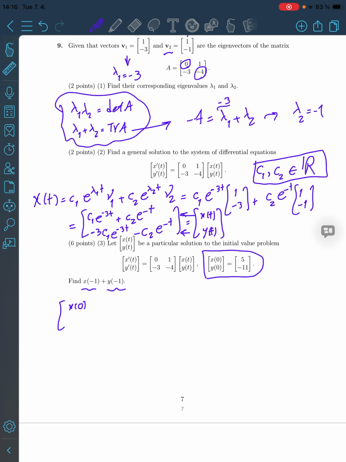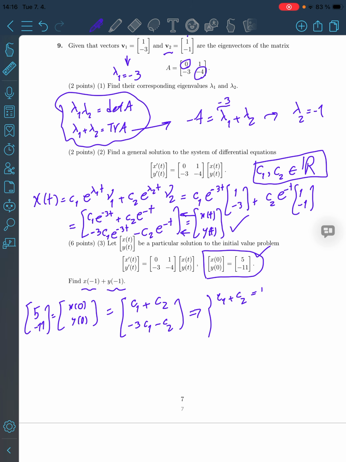Remember that (x(0), y(0)) is equal to, from this side, (5, -11). Now if you substitute t to be 0, what you have is c1 + c2 and then -3c1 - c2. So this equation gives you the system c1 + c2 = 5 and -3c1 - c2 = -11.